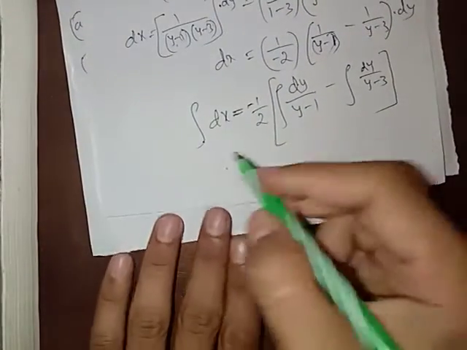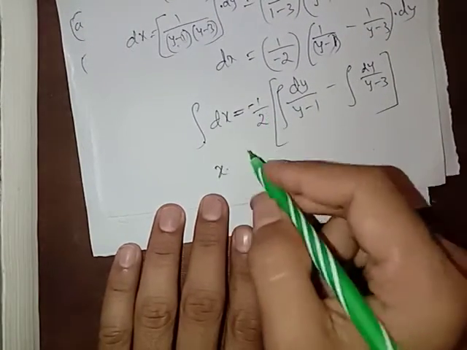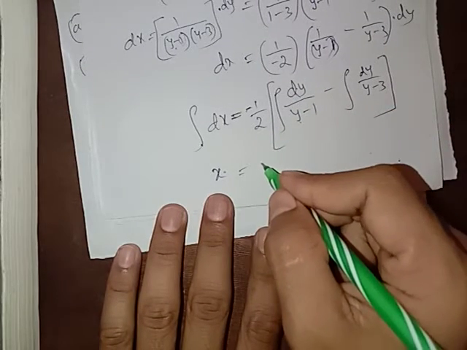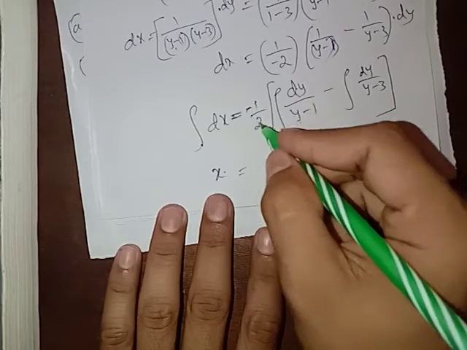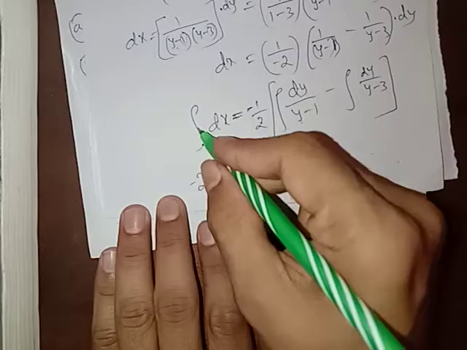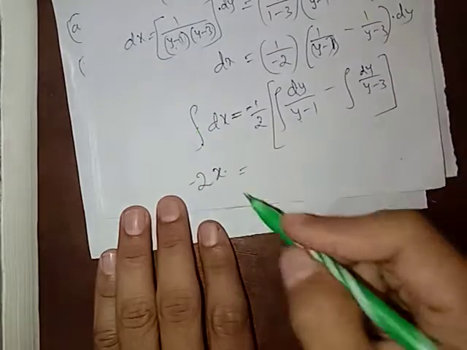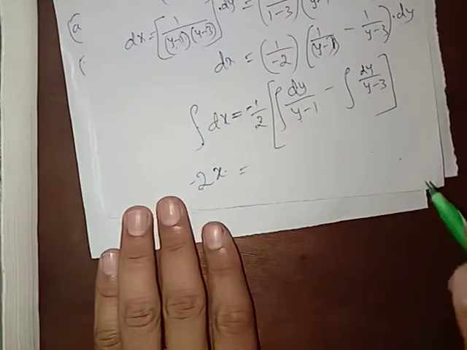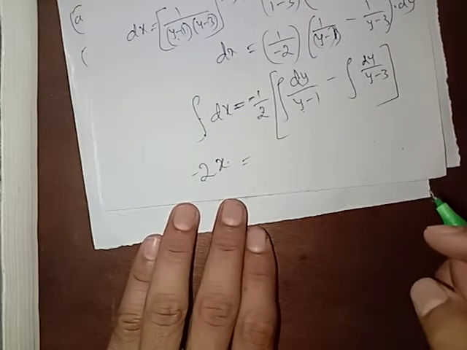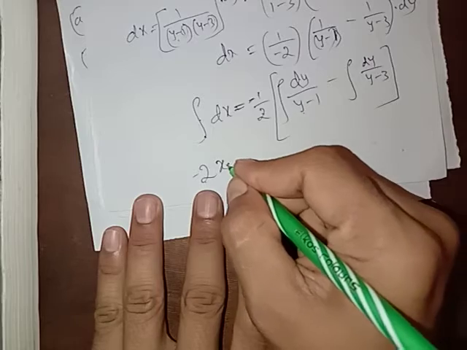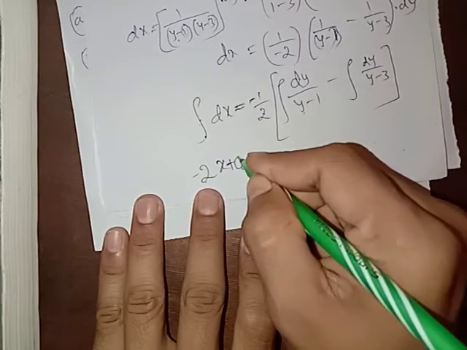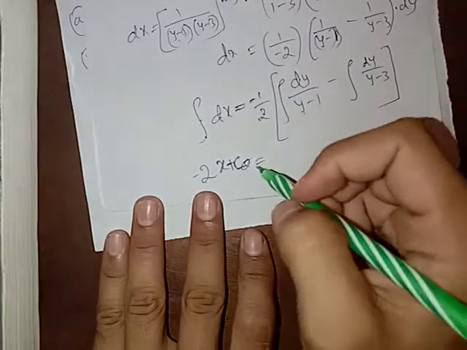It is x. We can take the minus 1 by 2 to here as minus 2x. And also we can put a constant c. C is a constant of integration.